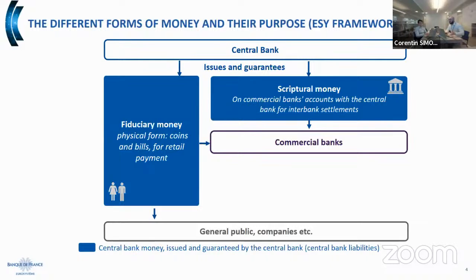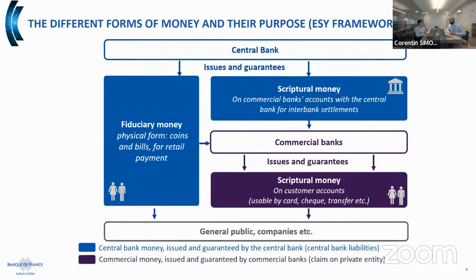And depending on the reserve that the central banks have, they can issue another form of commercial money this time. That is another form of scriptural money, but it's customer accounts that customers have at the commercial bank. And it's the digital form that we know in our bank account.